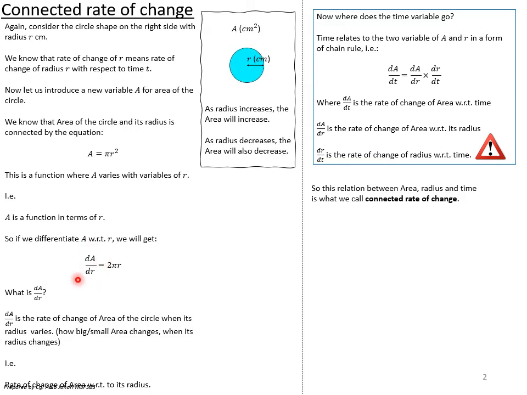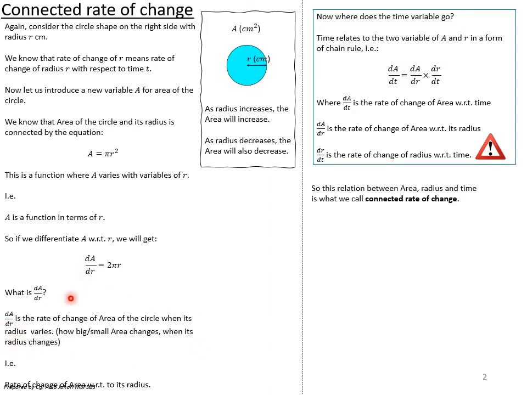This is the rate of change of A over radius, which means as radius increases, area increases. As radius decreases, area decreases. Make sure you understand the difference between dA over dt and dA over dr.